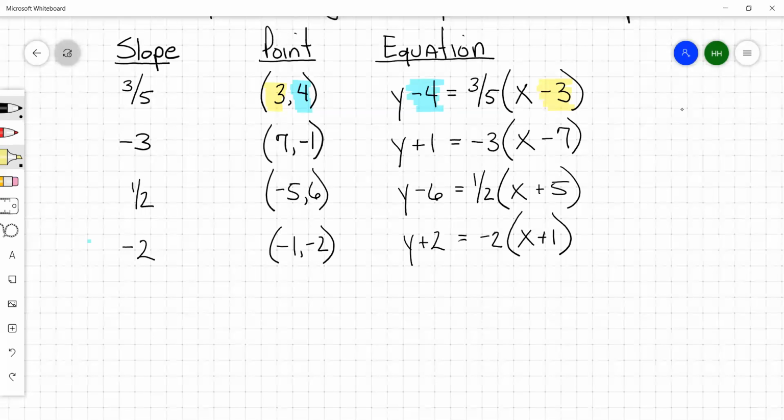The whole key to writing the equations in this situation is that this y value from the point is negated in the equation, and same with the x value. Any questions there?